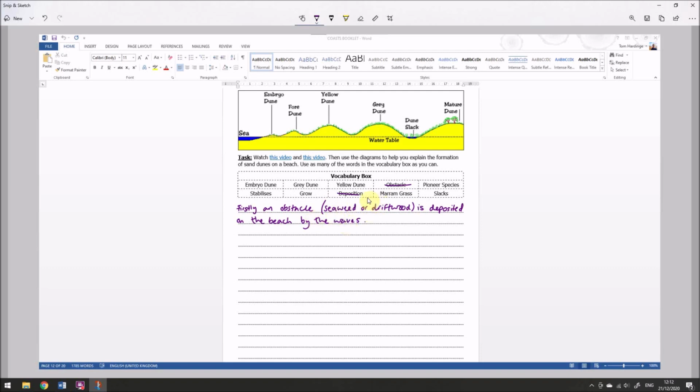Over time, sand will build up around this obstacle because it is being blown up the beach by the wind. The next thing that will happen is that vegetation will start to grow on the sand.